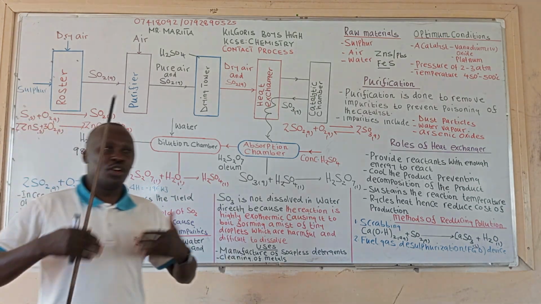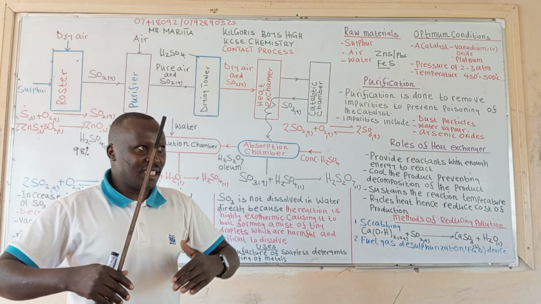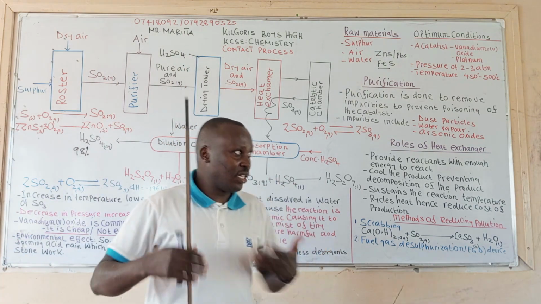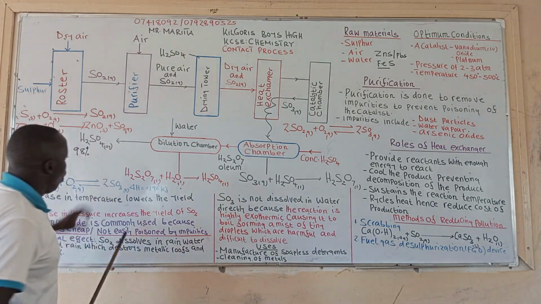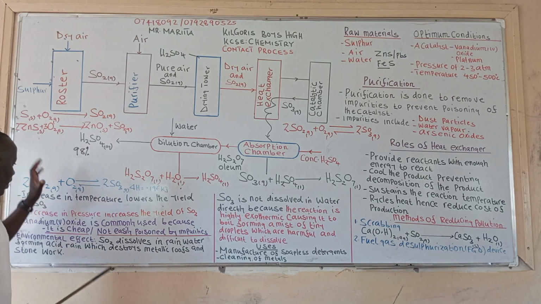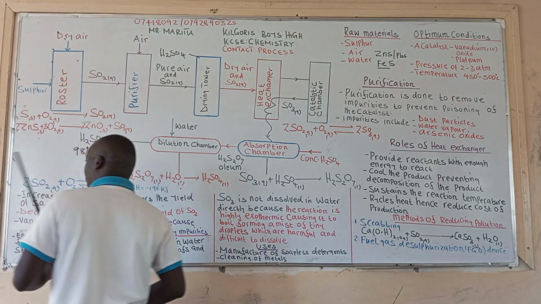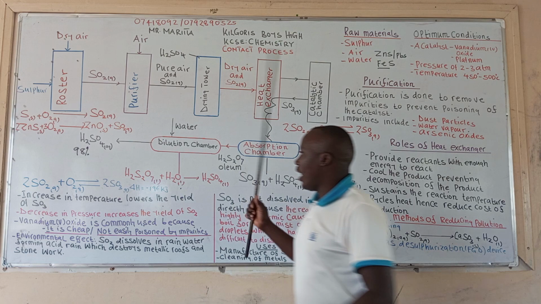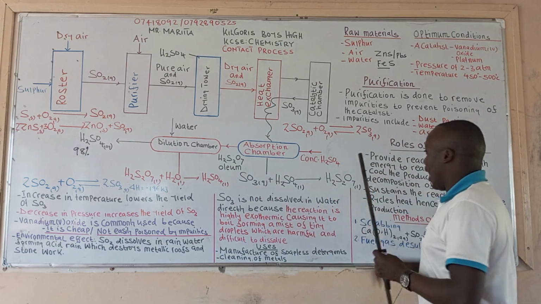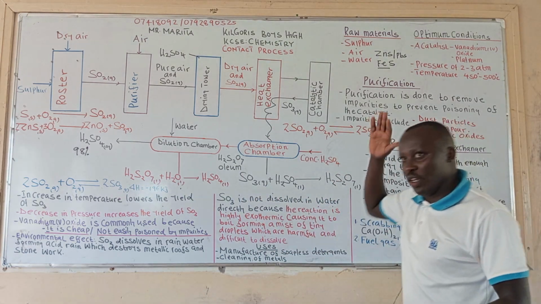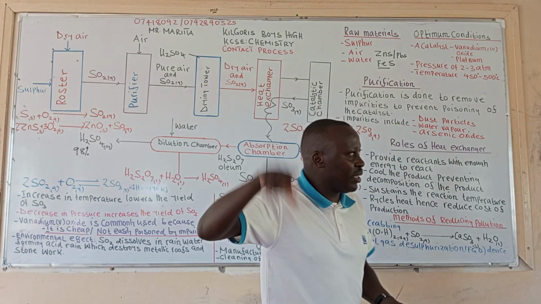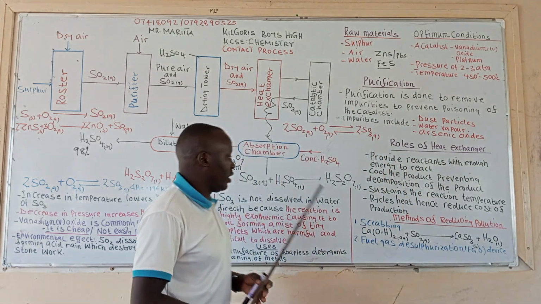It also causes stunted growth in plants. So this 2% of the gas normally goes to the atmosphere, and if it does, it becomes a pollution effect on the environment.